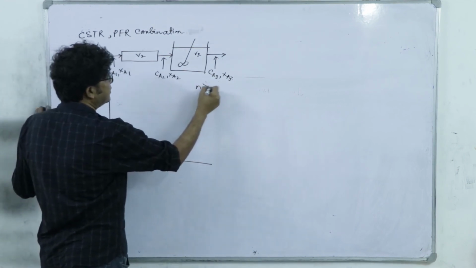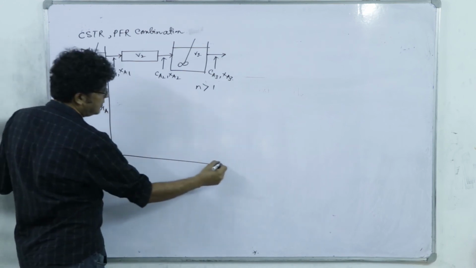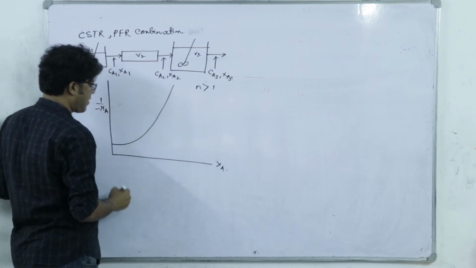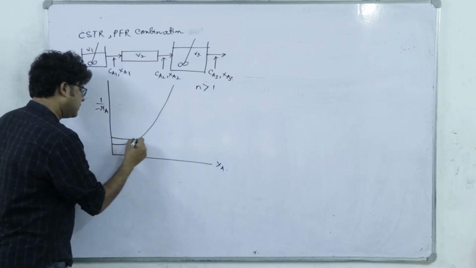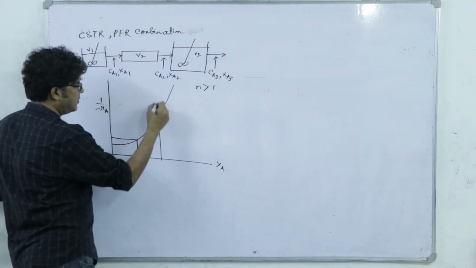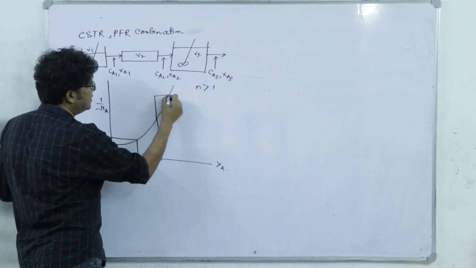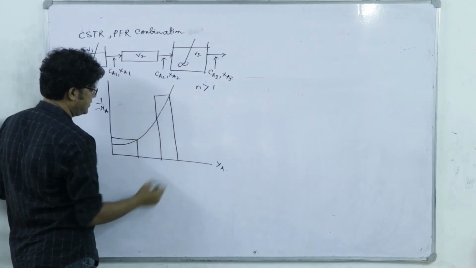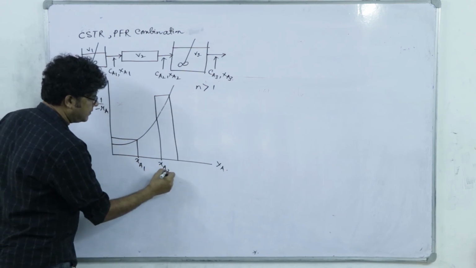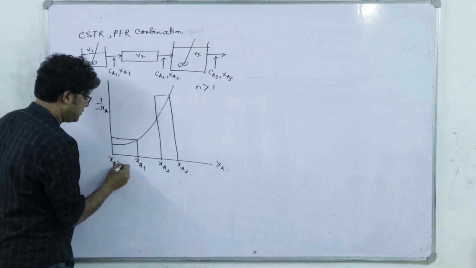Let's say n is greater than 1. So 1 by minus RA versus XA will be something like this. First it is the small Cstr, next it is the volume of PFR, and finally it is the larger Cstr. So this is XA1, this is XA2, this is XA3, and this is 0.